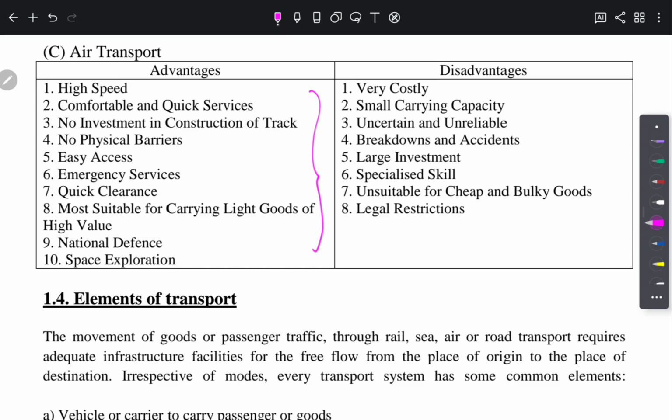It is good for longer distances, but it also has some disadvantages, like it is very costly. Also, carrying capacity is very less. This type of transport is very uncertain and unreliable. High chances of breakdowns and accidents will be there. It requires large investment and a specialized skilled workforce.